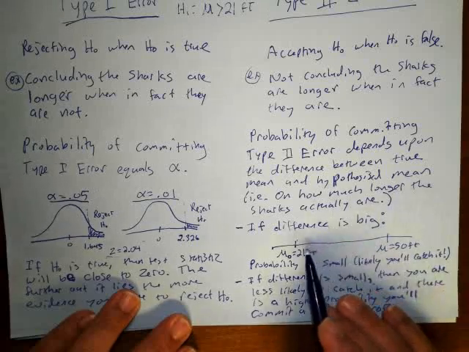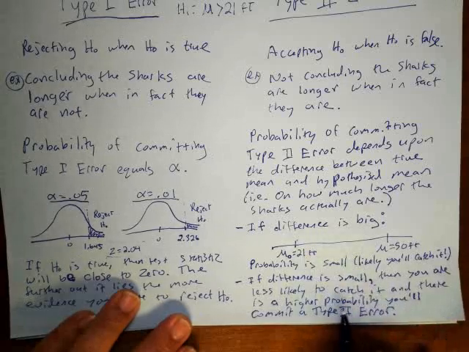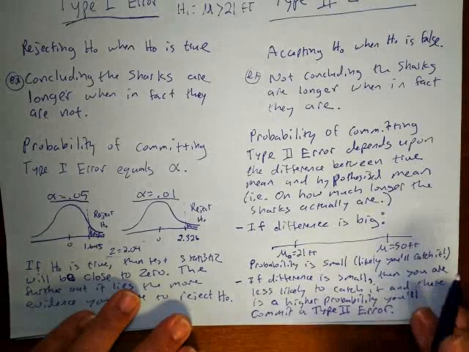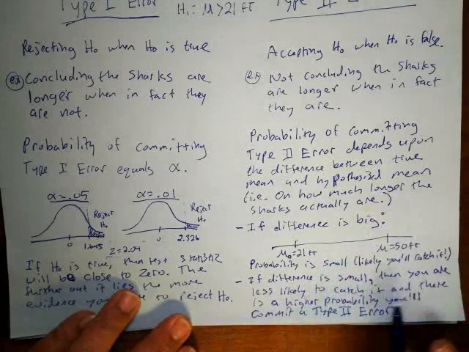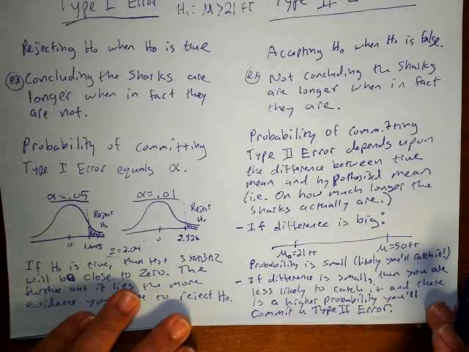But let's say the shark is only like 22 feet long, and the difference is not very big. Well, there's probably a pretty good chance you'll commit the type 2 error. So if the difference is small, then you are less likely to catch it, and there's a higher probability that you'll commit the type 2 error.